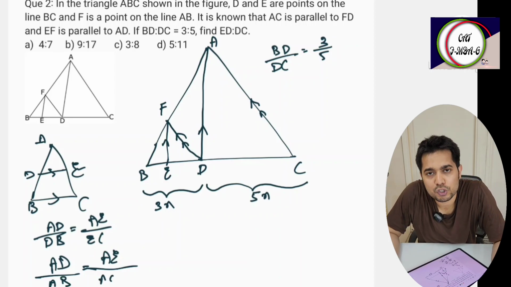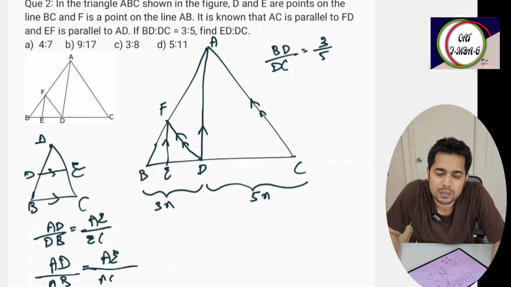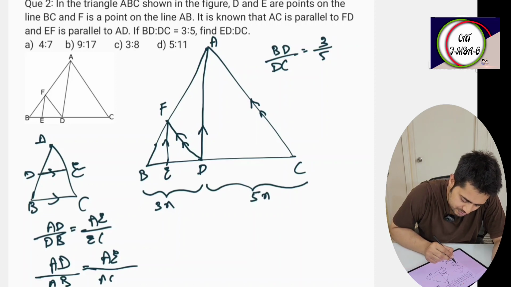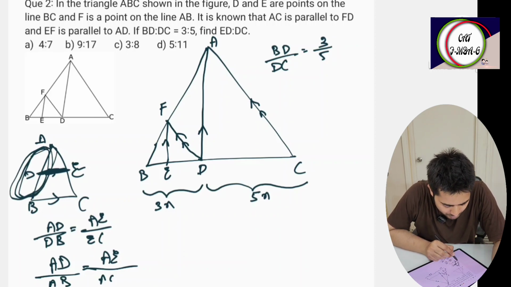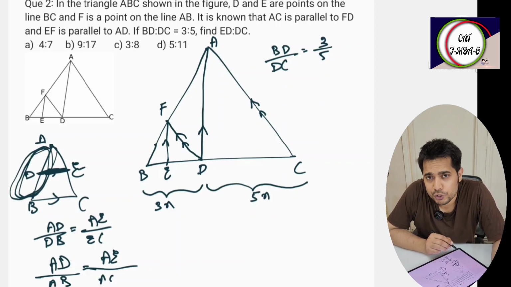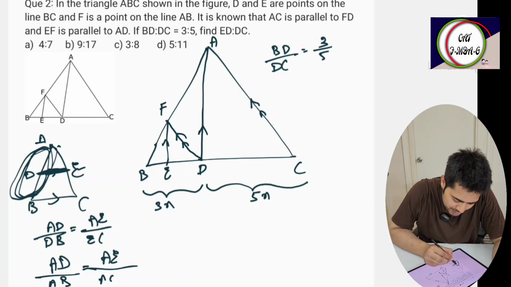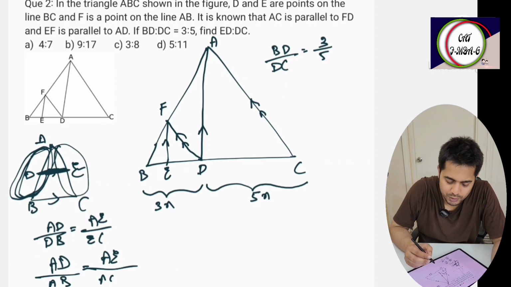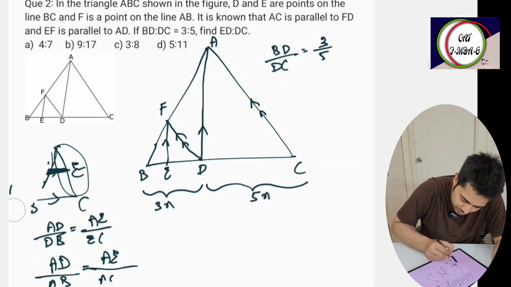Basically by the proportionality theorem, if a line is drawn parallel like this in a triangle, then this parallel line divides the two sides in the same ratio, in the same proportion. That's why we can use the proportionality theorem here in this question.